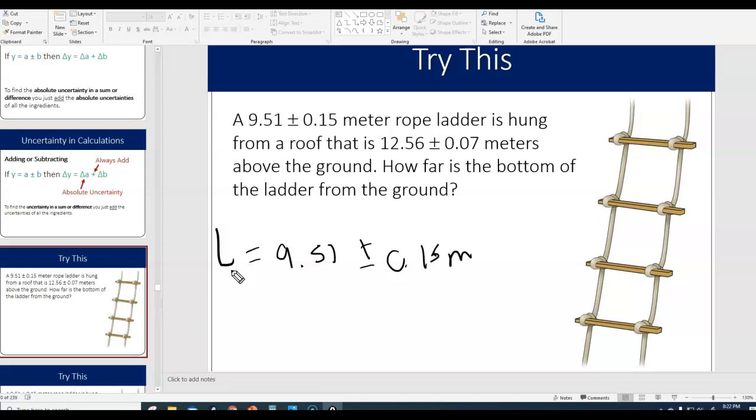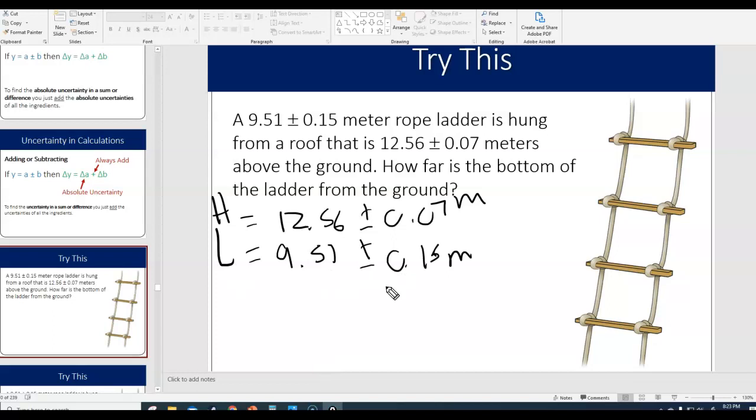So L is the length of the ladder, and then the height of the roof is 12.56 plus or minus 0.7 meters. By the way, notice how the number of decimal places in each of these matches correctly. 2 decimal places, 2 decimal places.